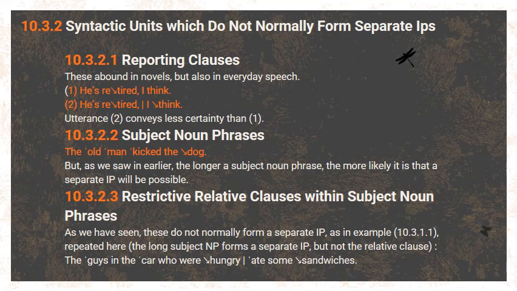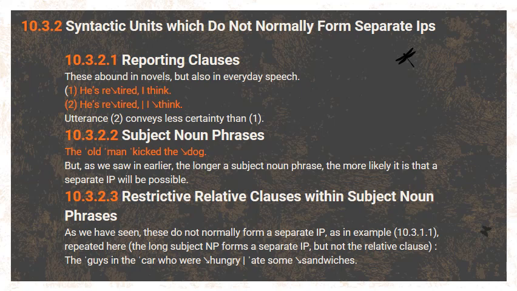And then, subject noun phrases. The old man kicked the dog. But as we saw earlier, the longer a subject noun phrase, the more likely it is that a separate IP will be possible. Next, restrictive relative clauses within subject noun phrases.